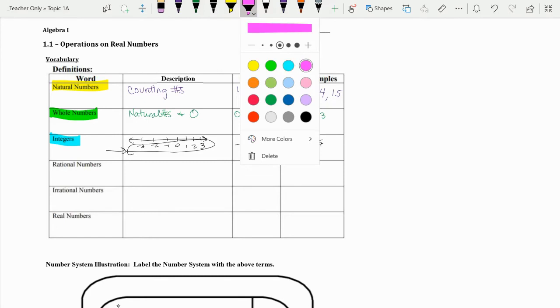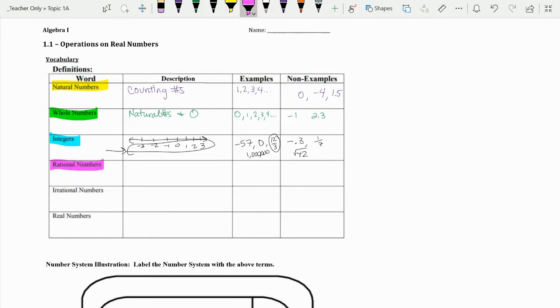The next one we're going to do is rational numbers. So rational numbers are numbers that can be written as a fraction, or as a ratio of two integers.